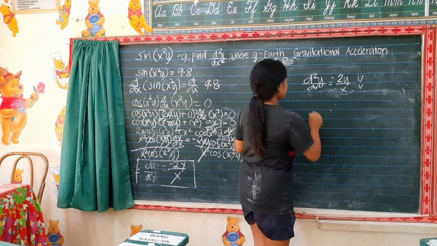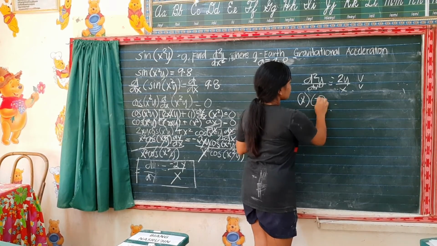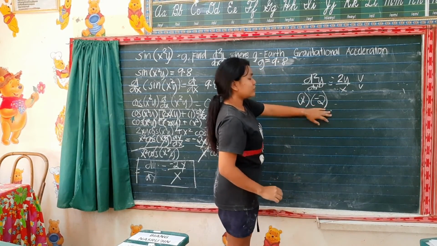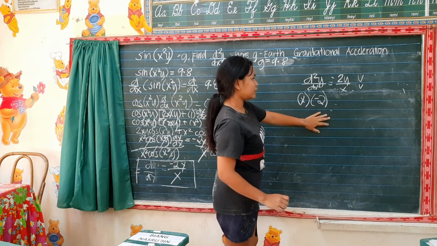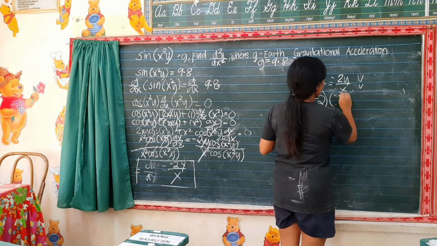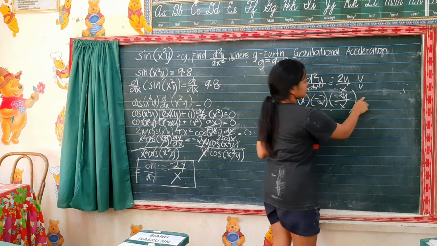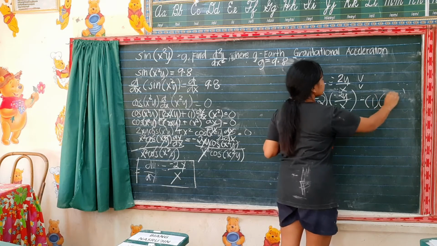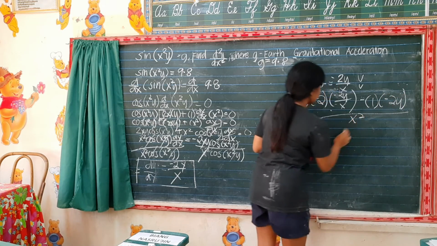So our v is x. The derivative of y is negative 2. Since we differentiated y, we should write dy over dx, but we have a value of dy over dx. So we need to write negative 2y over x, minus the derivative of x, which is equal to 1, then copy negative 2y over x squared.